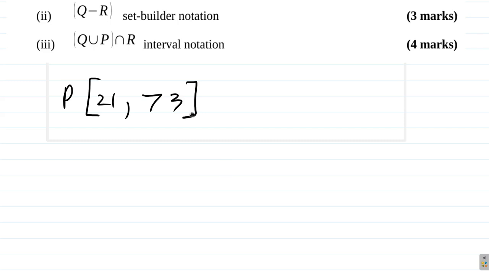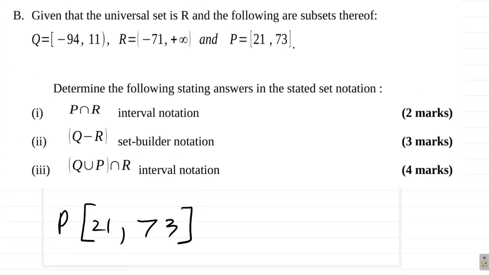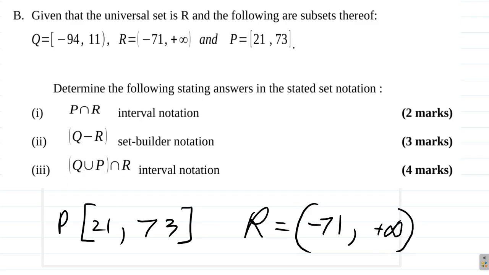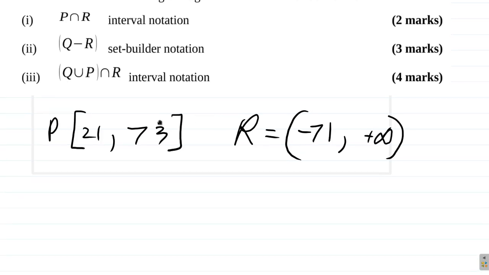Now, P intersect R. You see that R is (-71, positive infinity). We want P intersect R.